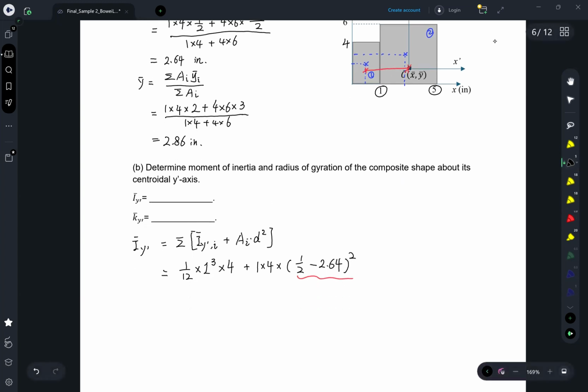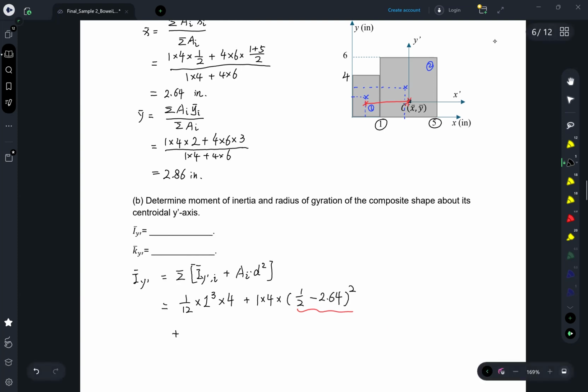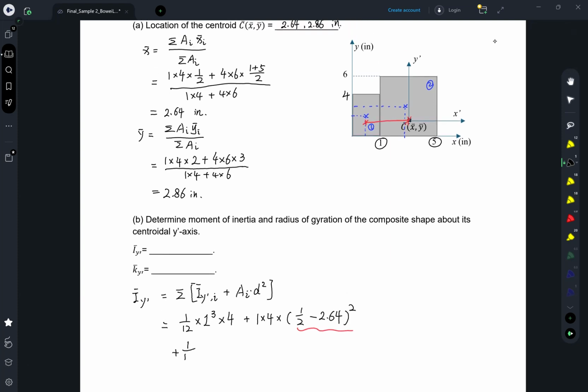Now we can move on to the second part. Again, it is a rectangle, so completely the same formula can be used here. It is 1 over 12 times b to the power 3. So b here is actually 4, right? That is 5 minus 1, times h, which is 6.